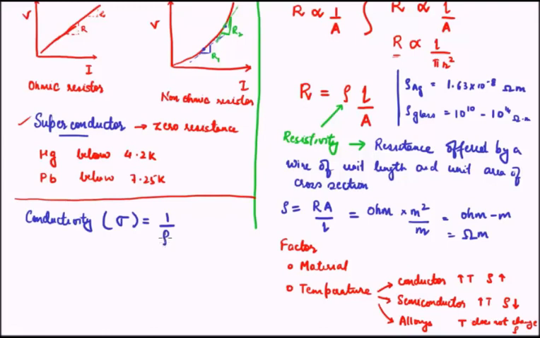And if we calculate from here, 1 upon rho will be L upon RA. So this is our conductivity. Units will be just opposite of resistivity, and that would be ohm meter whole inverse. Or in terms of Siemens, we can write ohm inverse is Siemens, so Siemens per meter.